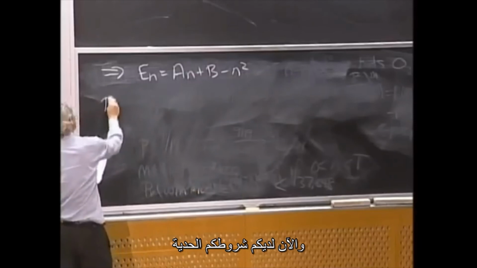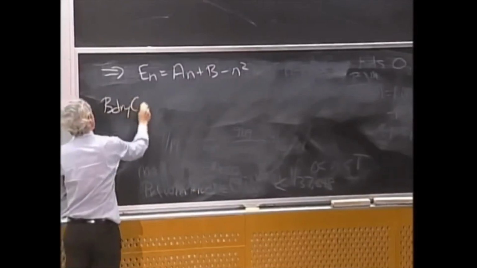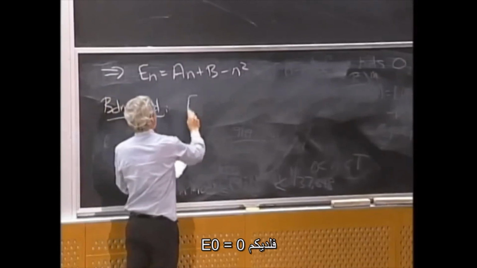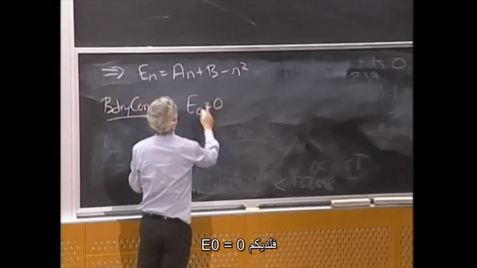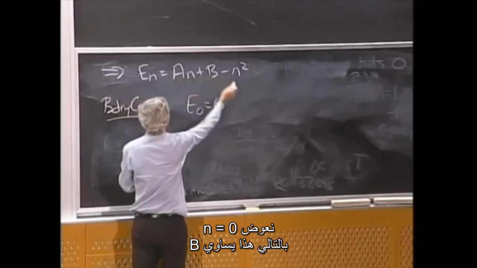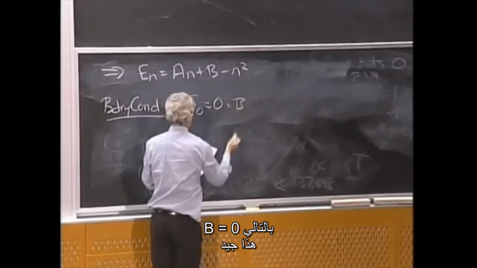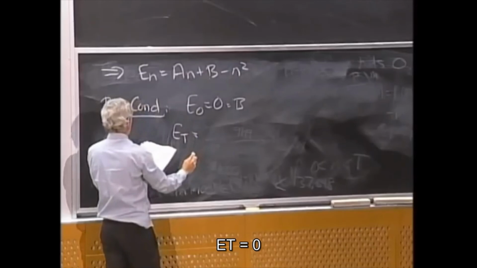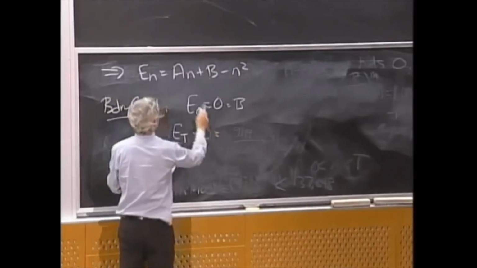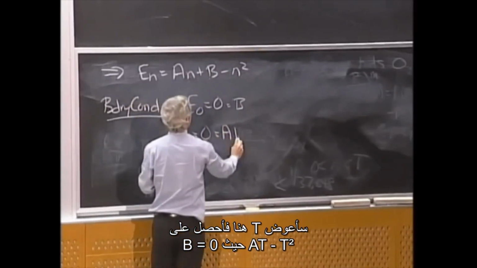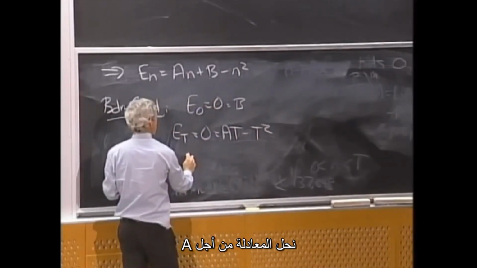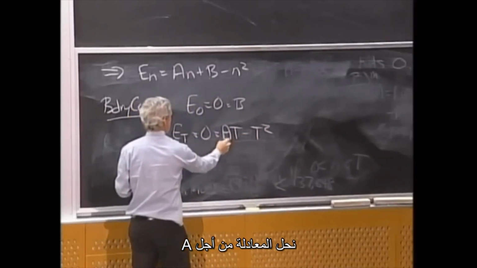Now you do your boundary condition. All right, you have E_0 is 0. Plug in 0 for n, that's equal to b. So b is 0, that's nice. E_t is 0. And I plug in t here, I get at, b is 0, minus t squared. So I solve for a here.